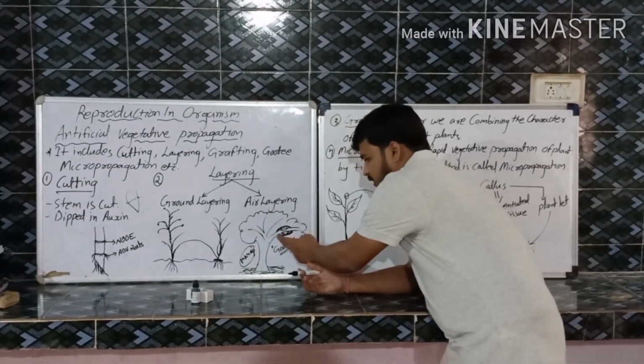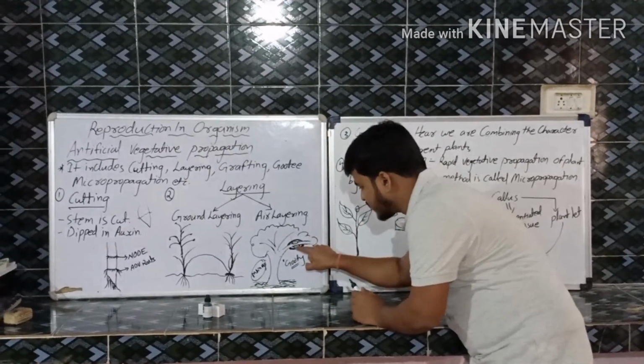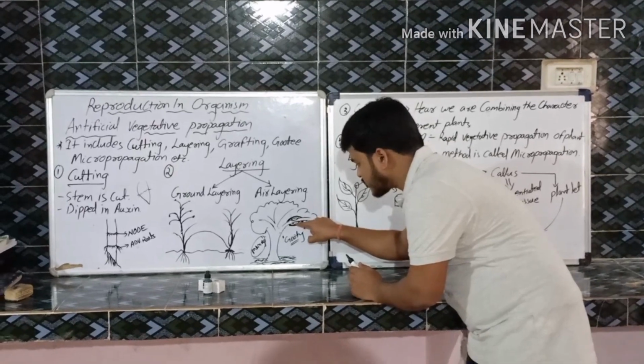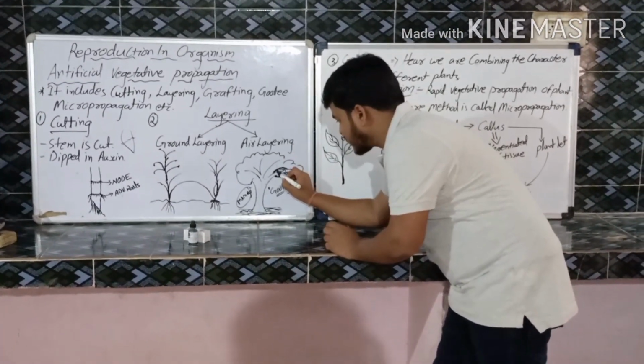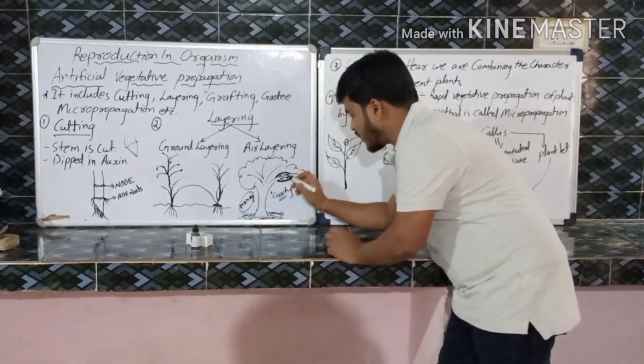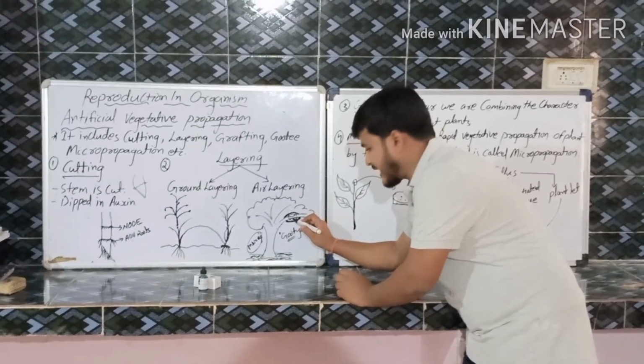If we take a simple healthy branch, we cut some bark from the healthy part. That means some bark part is removed, since these parts are quite dry in nature.